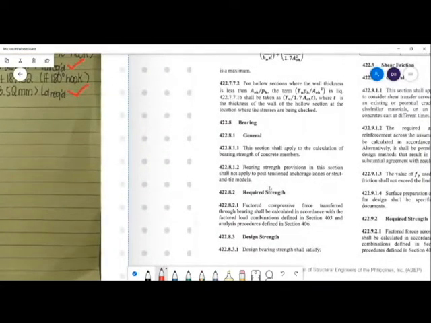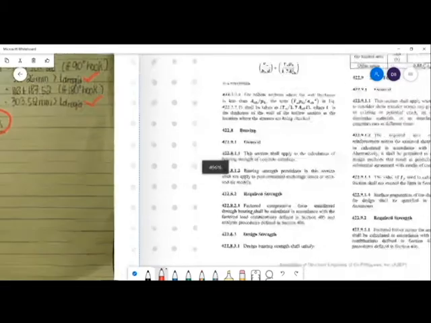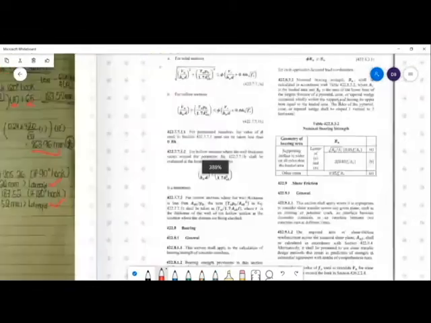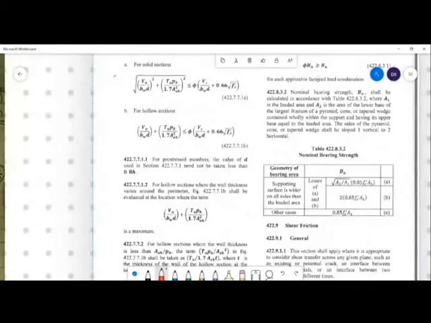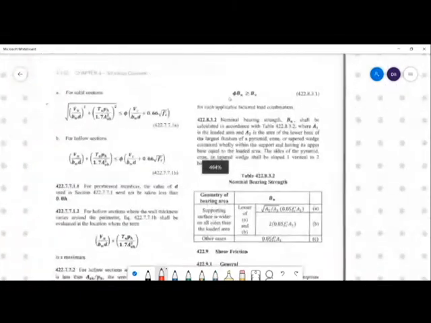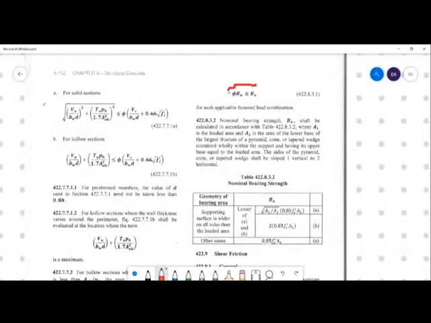Both are concrete, so consider the bearing force. Phi B sub n shall be greater than or equal to B sub u. This B sub n and B sub u are both forces, in newton or kilonewton. B sub n shall be calculated in accordance with the table in 422.8.3.2, where A1 is the loaded area.